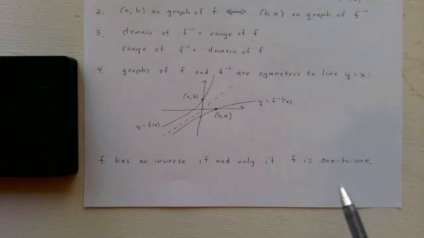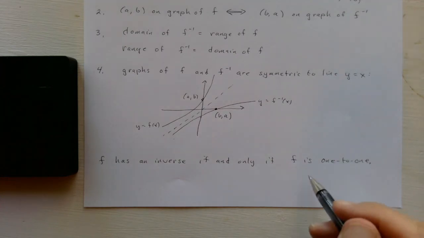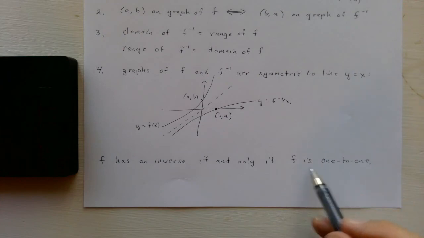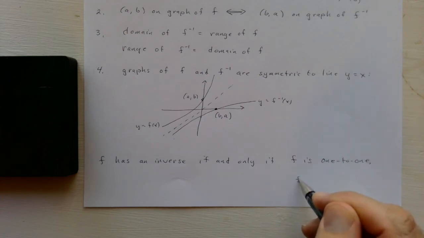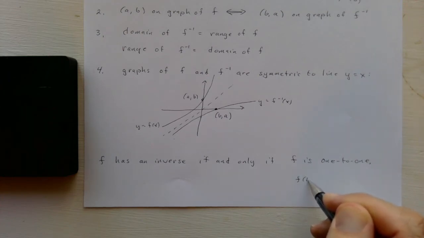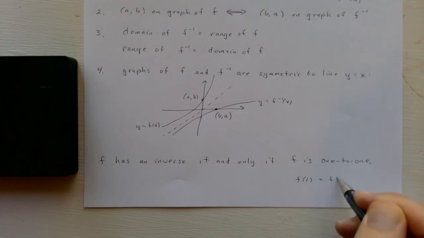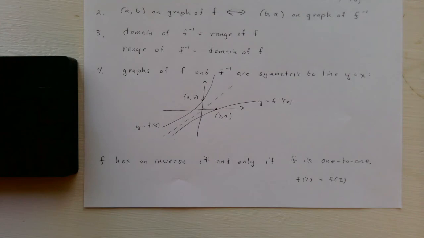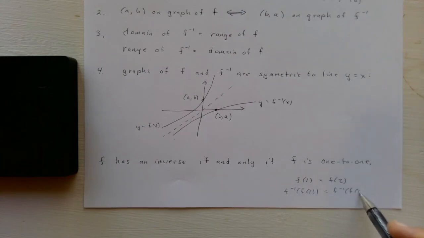The reason for that is that if f is not one-to-one, let's say f of 1 equals f of 2, and then if f has an inverse, we apply f inverse to this, and all of a sudden we get 1 equals 2, which is not true.